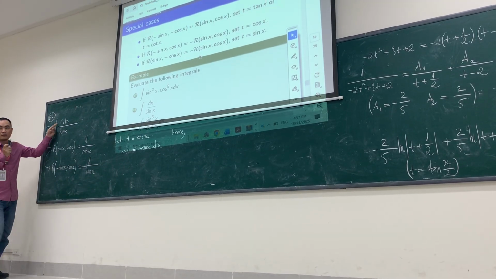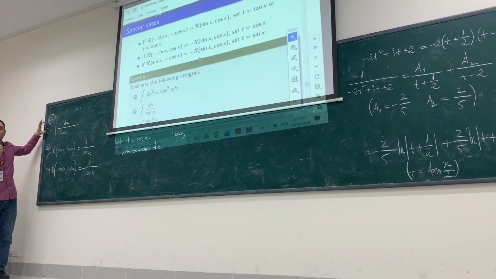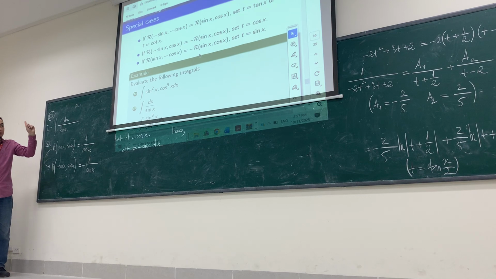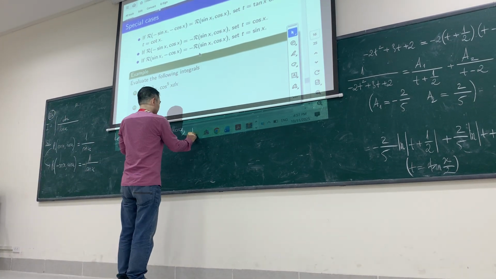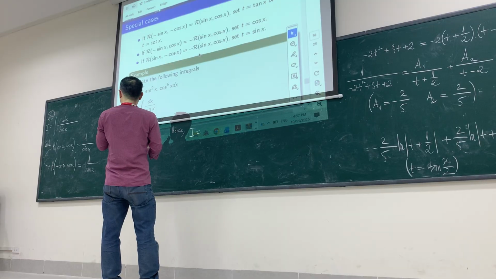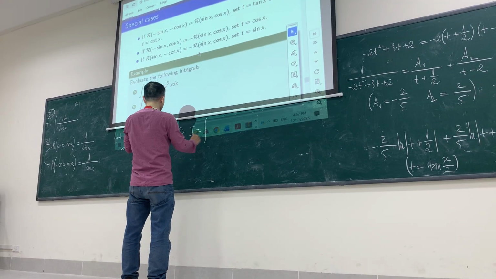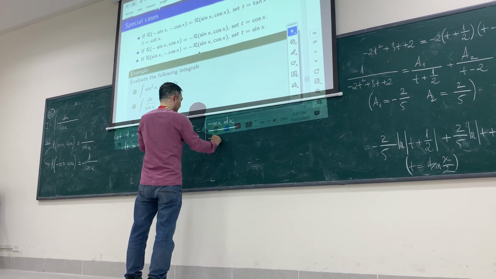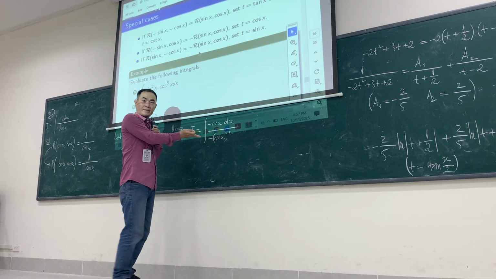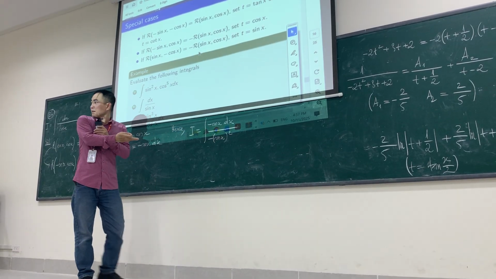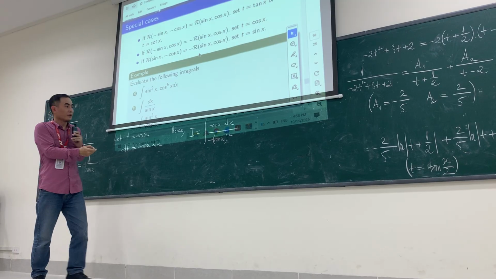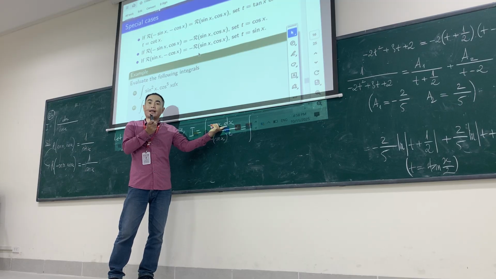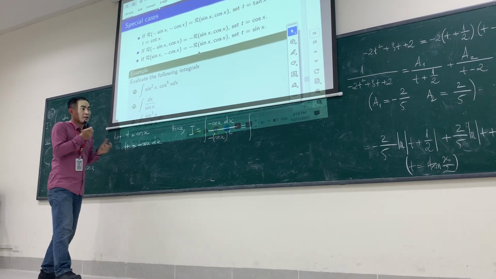And we can transform the integral I into an integral with respect to t. I is equal to the integral of minus sin x dx over minus sin x squared. It equals the integral, as you know, minus sin x dx equals dt, so dt over minus sin squared x.